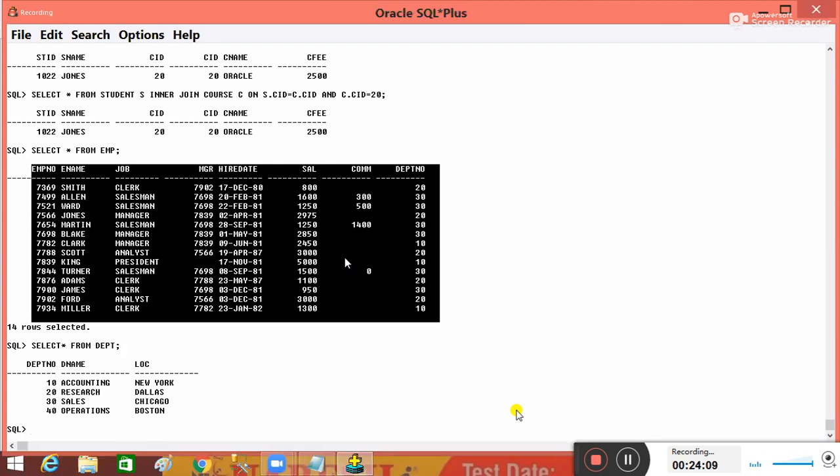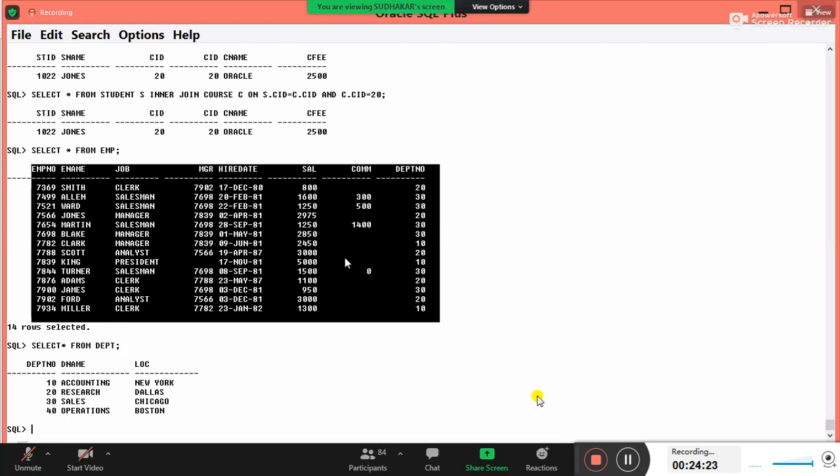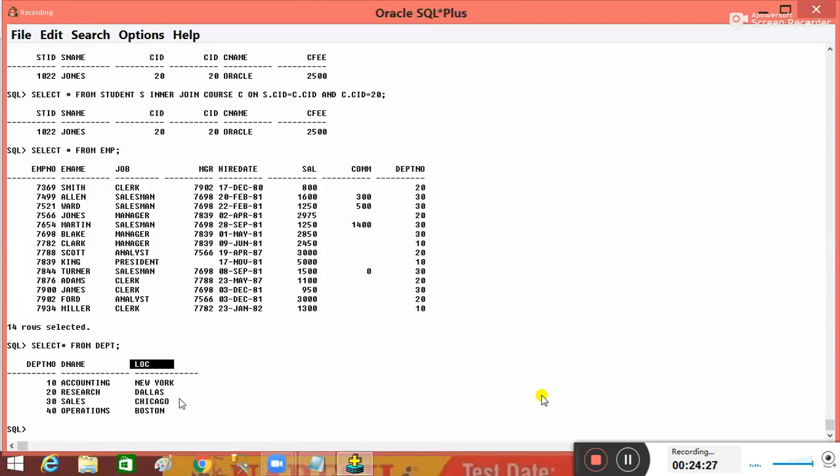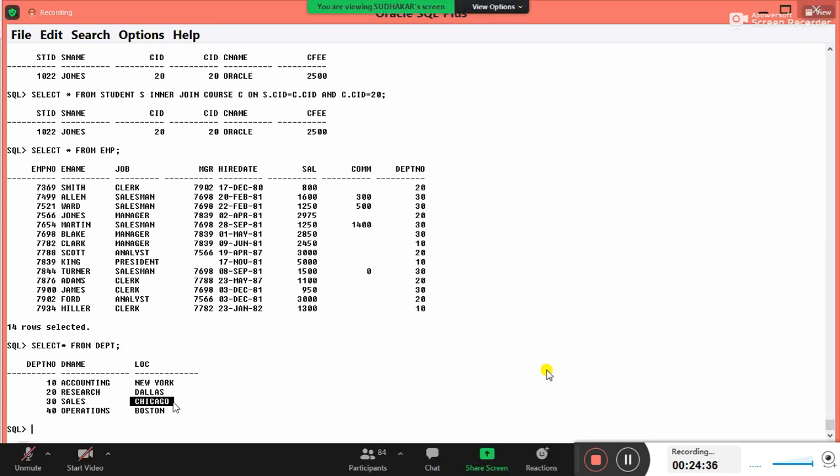Is it yes or no? In the EMP table, do you have any location column? No. The location information is in the other table, called DEPT. In the DEPT table, we have the location Chicago, right?